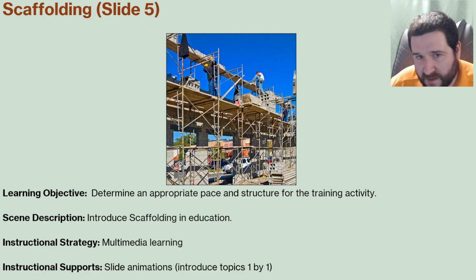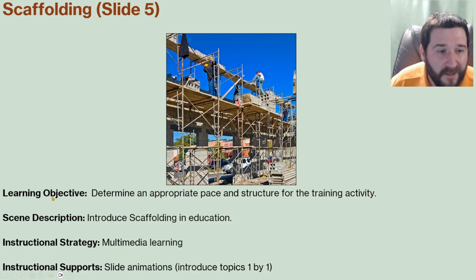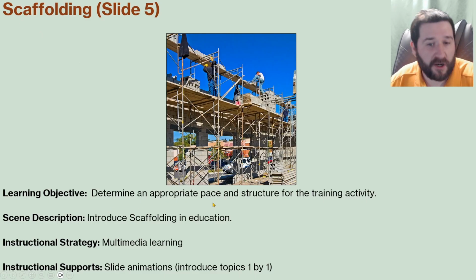That was the goal with that picture. The learning objective I was working towards on this slide is to determine an appropriate pace and structure for the training activity. So when I'm talking about scaffolding, if I'm doing a good job, I should be tying it back to pace and structure. That is the goal of our lesson right now.